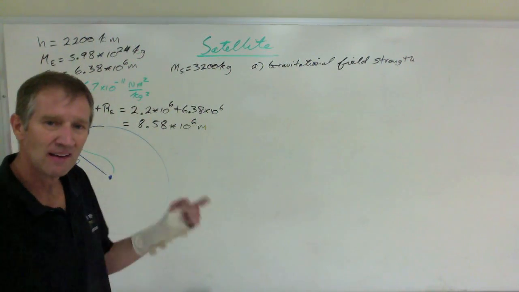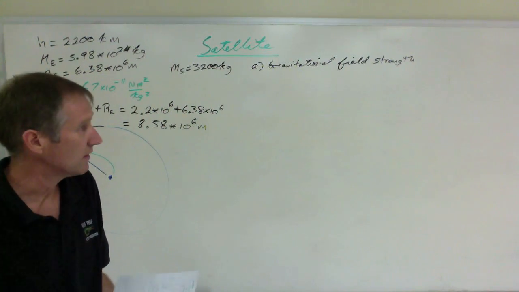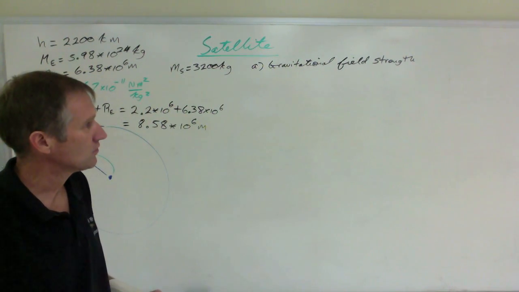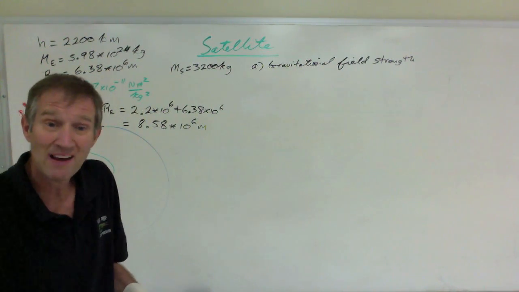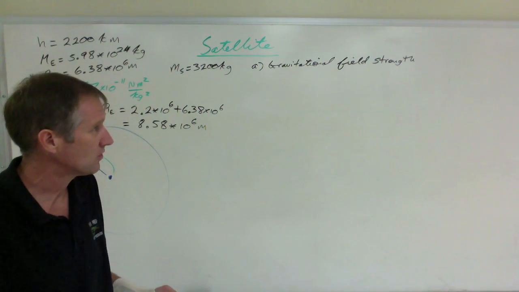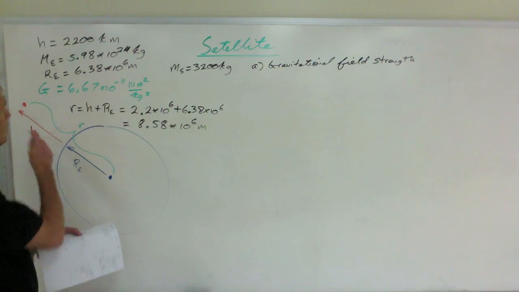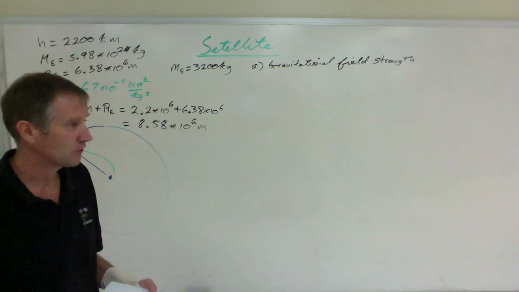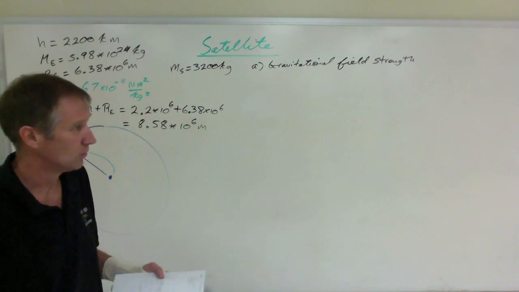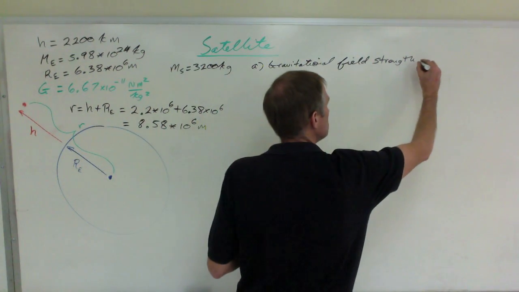That's the same thing as the acceleration due to gravity. The gravitational field strength of the Earth, which in my classroom is 9.8 meters per second squared, what's that value 2,200 kilometers above the surface of the Earth, above my classroom? So we're looking for little g.